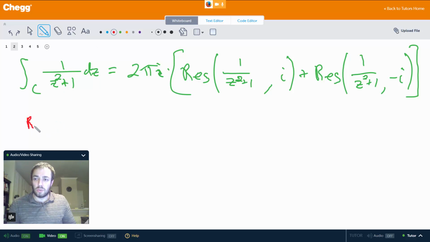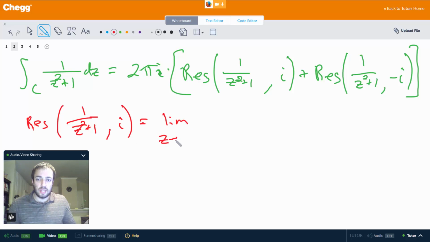So the residue of 1 over z squared plus 1 evaluated at i is equal to the limit as z approaches i of, now to actually calculate this, it'd be more helpful to factor. So I'll write this in the factored form. And then we're going to multiply by z minus i because we're taking the limit as z goes to i.